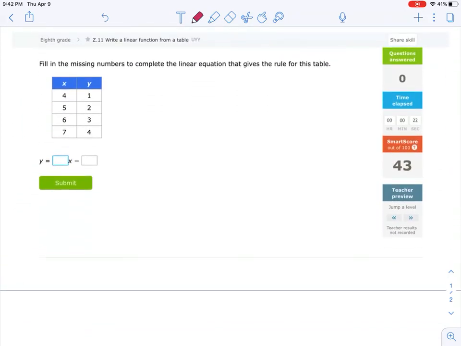Now you'll notice on this problem, we have to find the slope. That's the first box. And we have to find the y-intercept. The y-intercept goes in the second box. We begin the same way. I want to just pick the first 2 ordered pairs, the first 2 points, just for simplicity. The slope formula, y2 minus y1 over x2 minus x1.